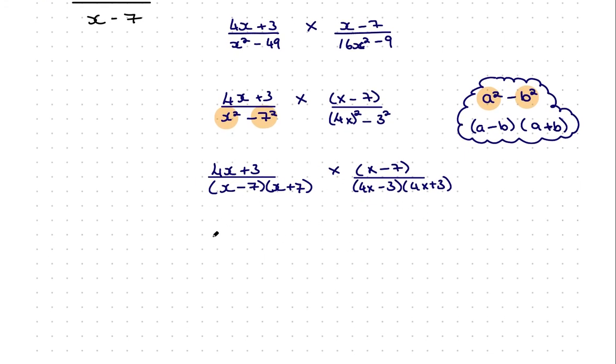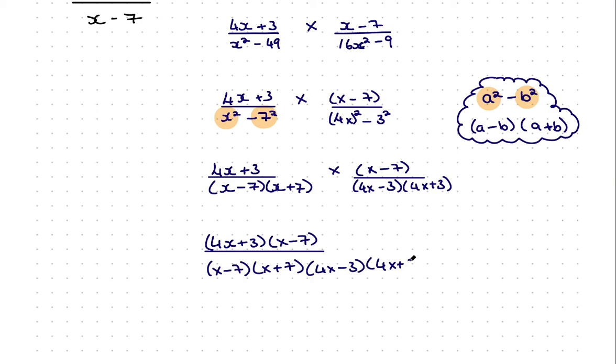It's top by top, bottom by bottom. So what I'm going to have is 4x plus 3 by x minus 7, all over then x minus 7, x plus 7, and that's going to be multiplied by 4x minus 3, 4x plus 3.